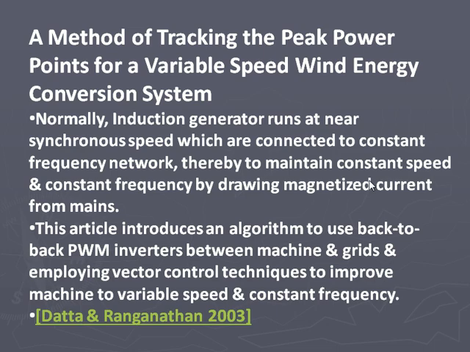Yeah, that's the reason they are operated at synchronous speeds. And with variable speeds, we are not gaining the additional energy, and that's the reason this algorithm is introduced, to maintain the system as a variable speed and constant frequency system.